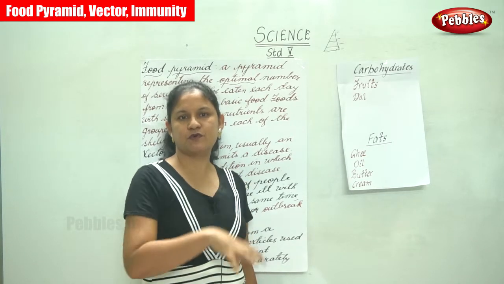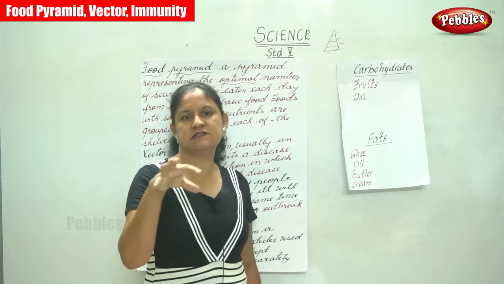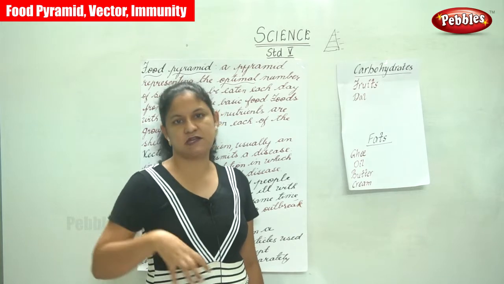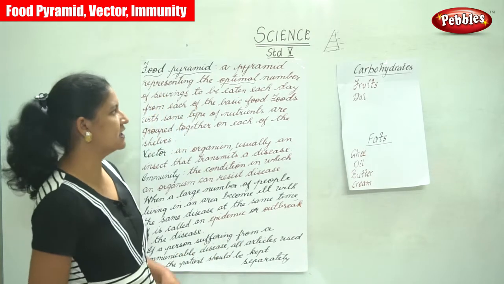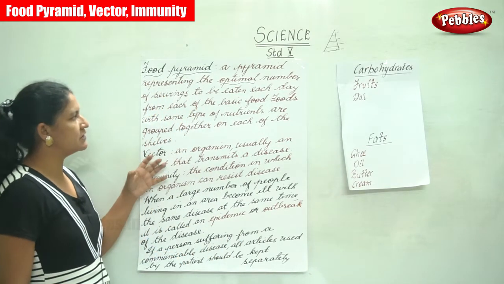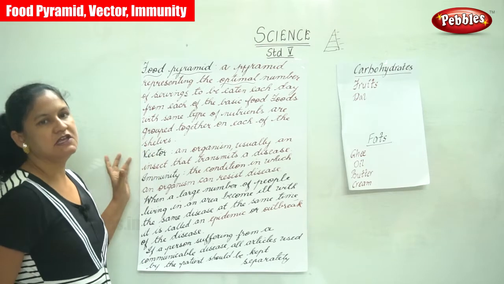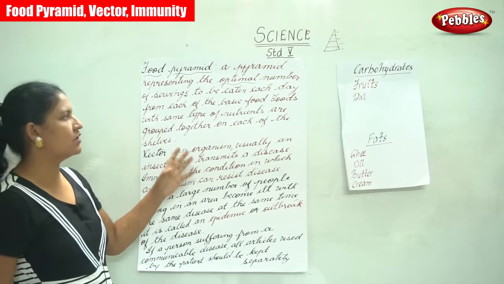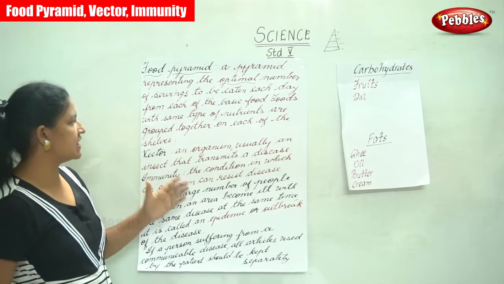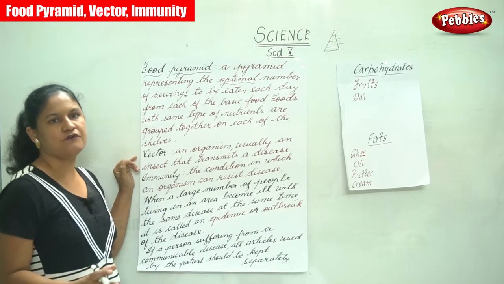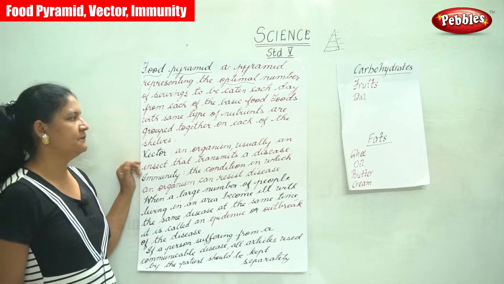This is a balanced diet, and the food pyramid represents the optimal number of servings to be eaten each day from each of the basic foods.